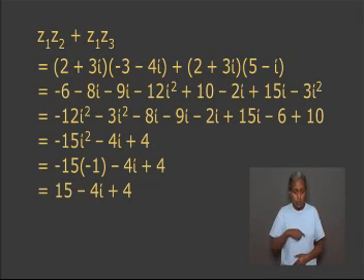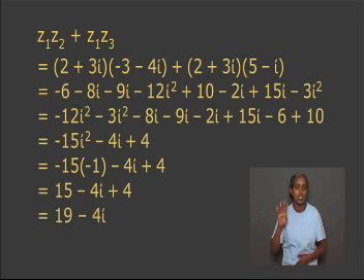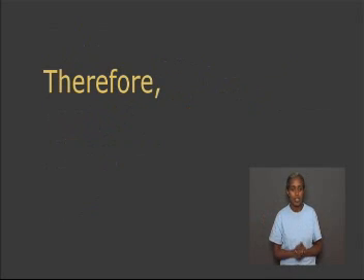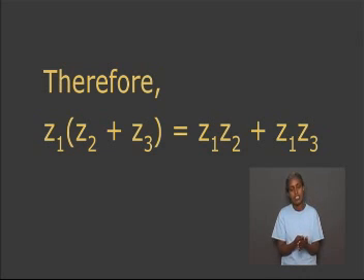We find that the sum is also 19 minus 4i. Therefore, we have verified that the product of Z1 and the sum of Z2 and Z3 equals the sum of Z1 times Z2 and Z1 times Z3. Good work, students. You are doing well.